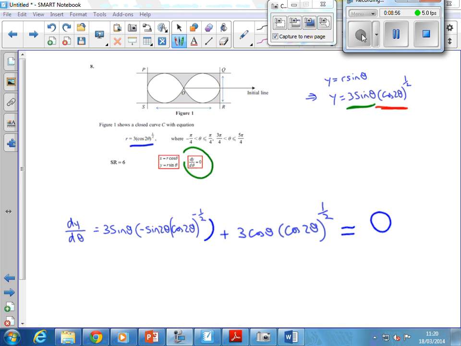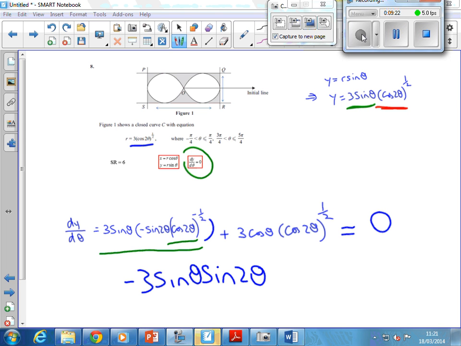So this term, if I multiply through by cos 2 theta to the minus a half, I'll concentrate on that. Cos 2 theta to the minus a half times cos 2 theta to the power of a half becomes 1. I'm simply left with minus 3 sine theta sine 2 theta.